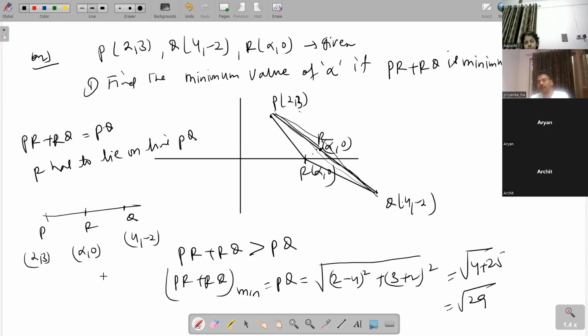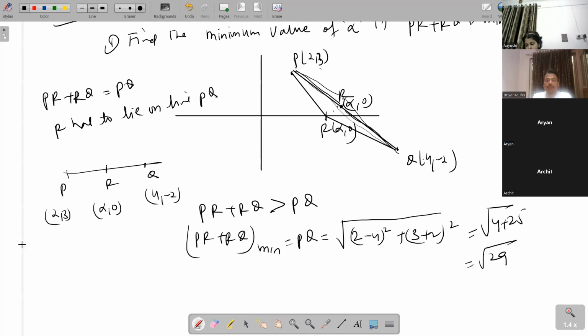Understood? It means that P, R, Q are collinear points. Three collinear points cannot form a triangle, because to form a triangle we need 3 points and those 3 points should be non-collinear.